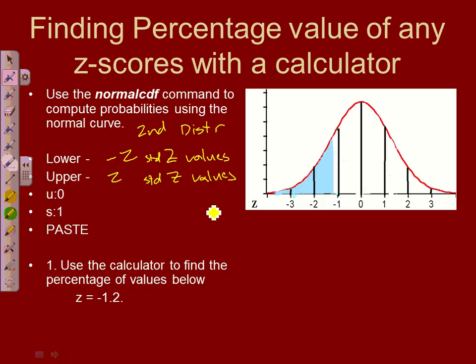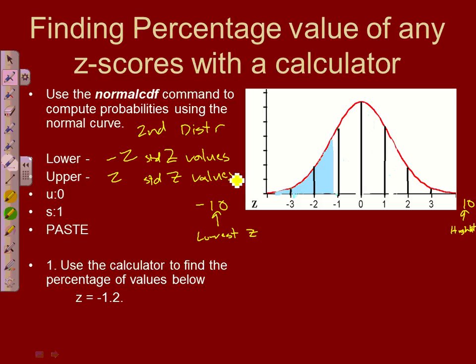Instead, what you will use for a minimum and a maximum as a lower or possible upper bound will be just -10 and 10. Okay. -10 will be your lowest z value you'll use, and 10 will be the highest.